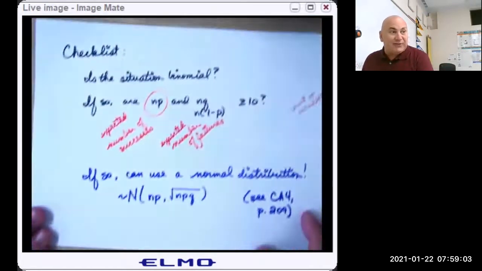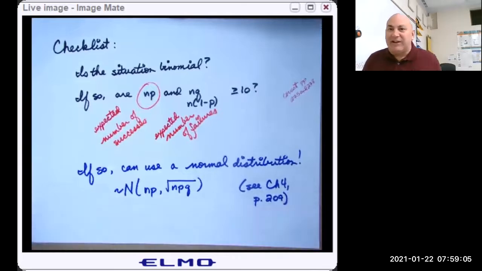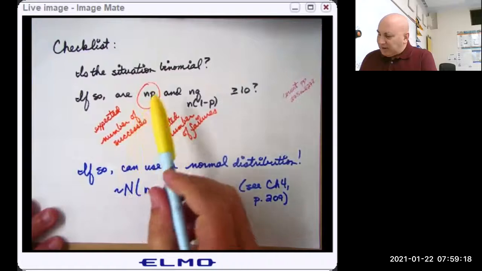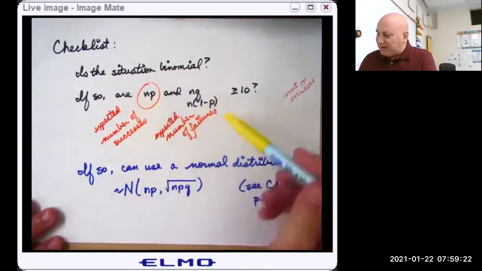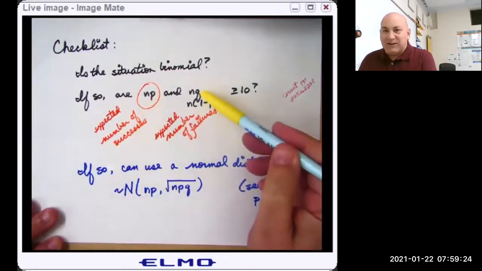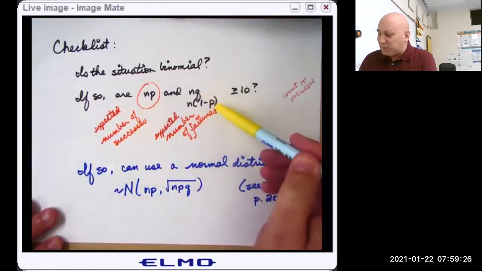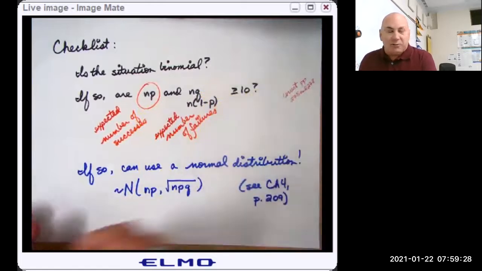First thing we have to ask ourselves is, is the situation binomial? If it doesn't meet those 4 requirements, then we clearly cannot use the normal approximation to the binomial. If it is, are the expected number of successes, n times p, and the expected number of failures, nq, or written as n times 1 minus p, greater than or equal to 10?